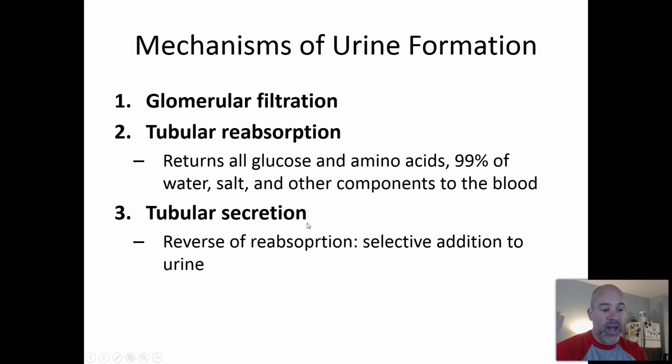So things move out of the tissue fluids that are surrounding these nephrons in the kidneys and move into the developing urine. That's something that's done selectively. One thing that can be moved into the urine in this way are hydrogen ions, which influence your pH.